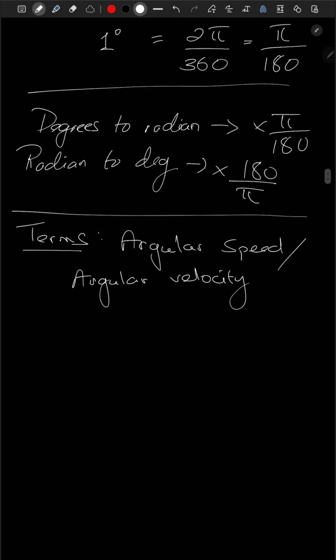So these two are different. Speed is a scalar and velocity is a vector. So for this angular speed or angular velocity, we use the symbol omega to define this. So the unit is radian per second.